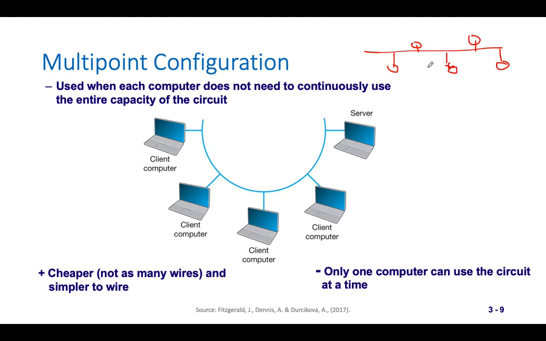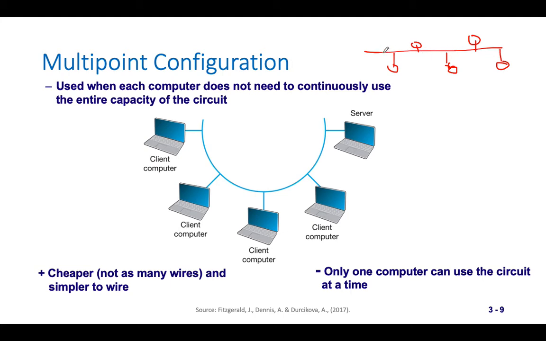Alright, how do we share that medium? Well, here's the deal. One device can use that medium at a time. So what to do exactly? We sense. The device senses the circuit or the channel to see if someone is using it, through the electrical pulse.